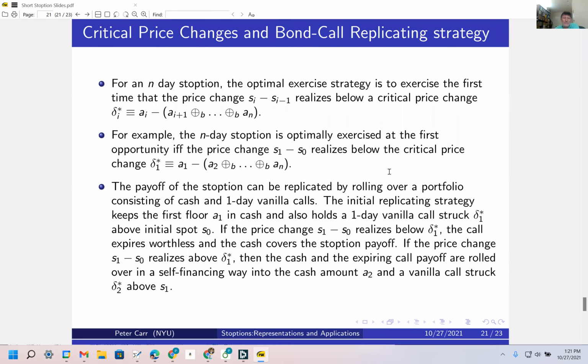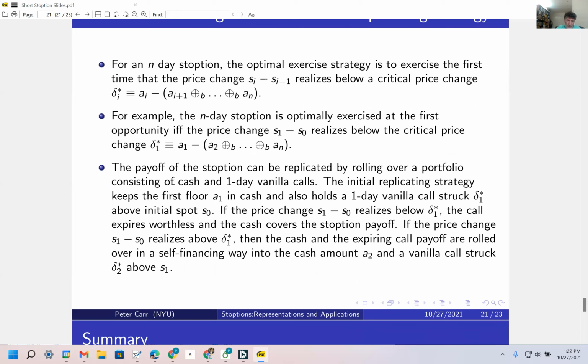And then the next point is that the theory of derivative pricing was based on replication. So far, I've not talked about replication. It turns out you can replicate, and moreover, it's the fact that algebraic structure is being used that gives the ability to replicate. So there's a replication strategy in this discrete time model, and the replication strategy has you roll over a portfolio of riskless asset and one-day vanilla calls when you're monitoring daily.